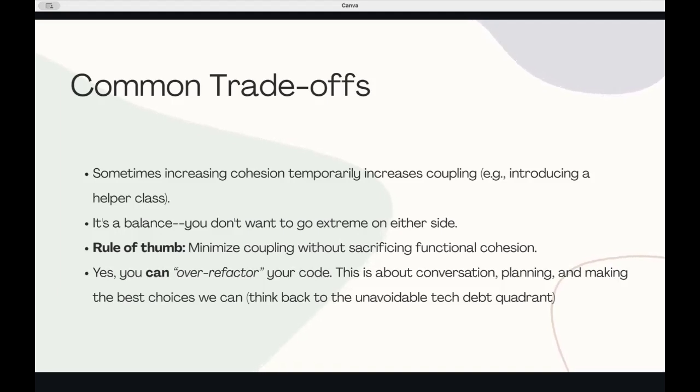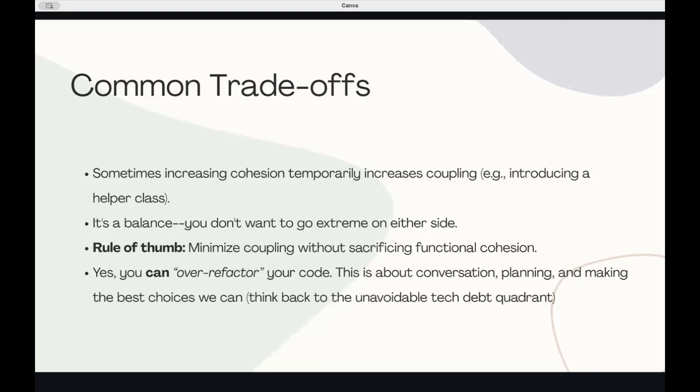So a good rule of thumb is to minimize coupling without sacrificing our functional cohesion. And it is possible to over refactor our code. We don't need a million methods just because we really want to get everything as high cohesive and low coupling as possible. These design principles are about the conversation, the planning, and making the best choices that we can at the time, right?